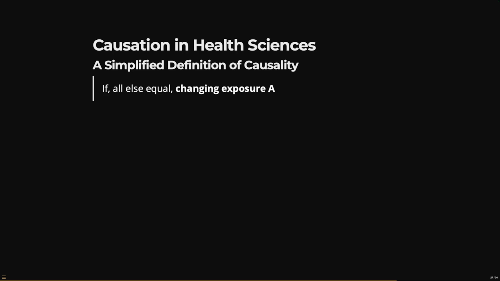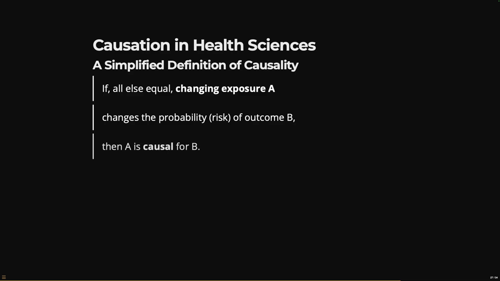So if all else is equal and we change exposure A, that changes the probability or the risk of outcome B, then we say that A is causal for B. So change the level of A and the probability of outcome B increases, then we say that A is causal for B. Right, if we assume everything else is held constant.